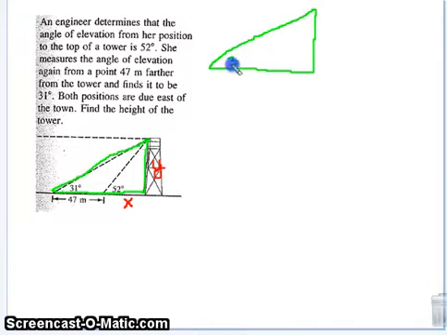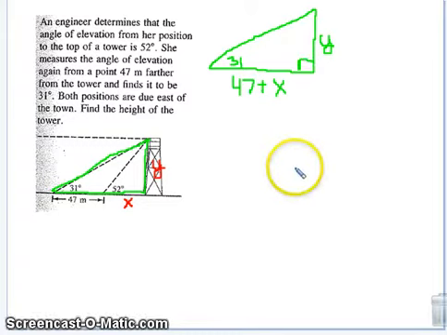So this is going to be 31. This right triangle has a height of y down here at our tower, but its base, we don't know the base. We are going to have to represent it as 47 plus x. We know we have a right angle.